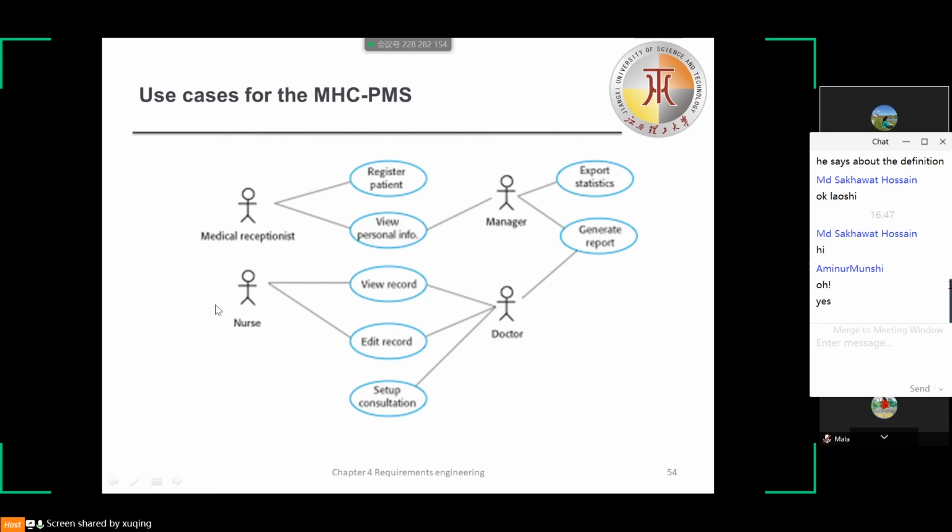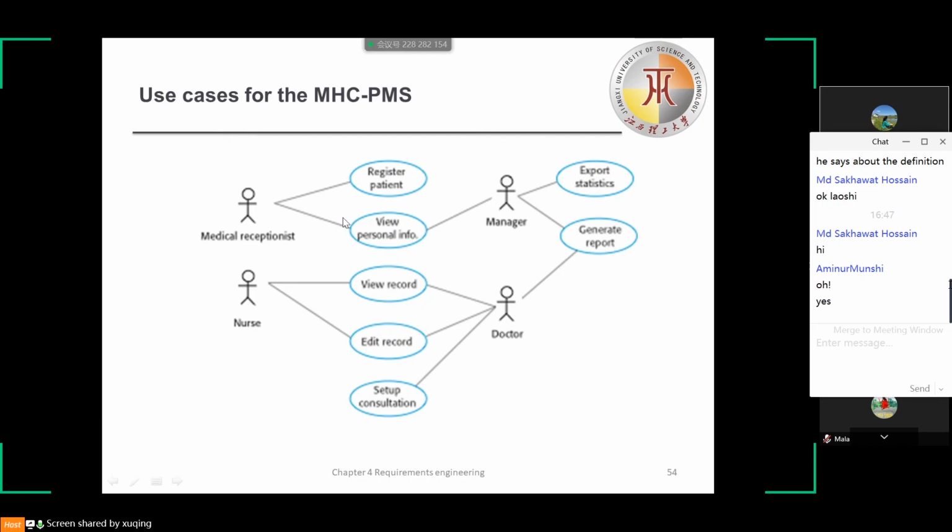We see we have medical receptionist, nurse, managers, doctors. These are different people who may be involved in the system. Then we have some interactions between them. For example, the interaction between medical receptionist and manager is view personal information.